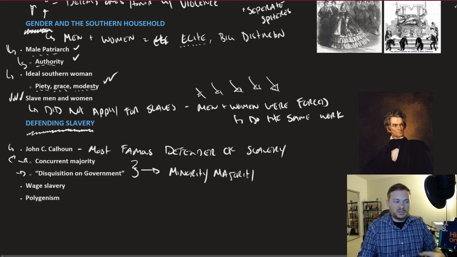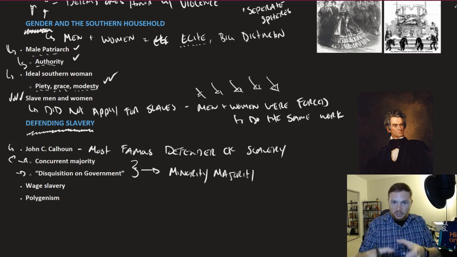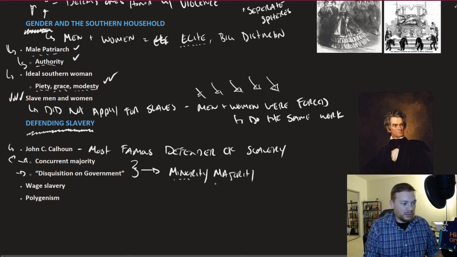But what he's talking about is that within the whole United States, when there is a specific minority majority group, what he means by minority majority is really slave owners. Because what's happening is that the majority is actually Northerners.